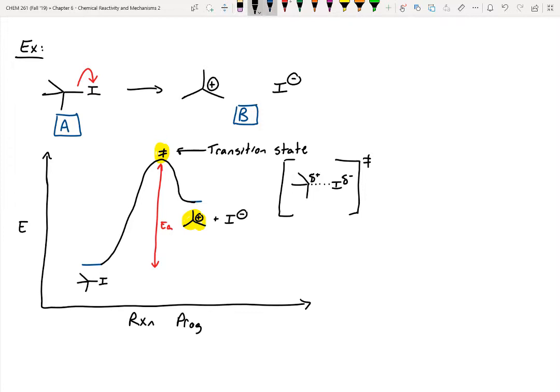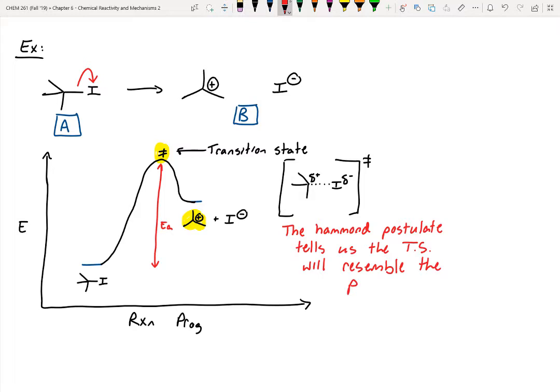So over here, we could say the Hammond postulate tells us the transition state will resemble the products. Does that make sense? So in this case, the transition state has a large amount of partial positive character on that carbon because of that bond being broken.